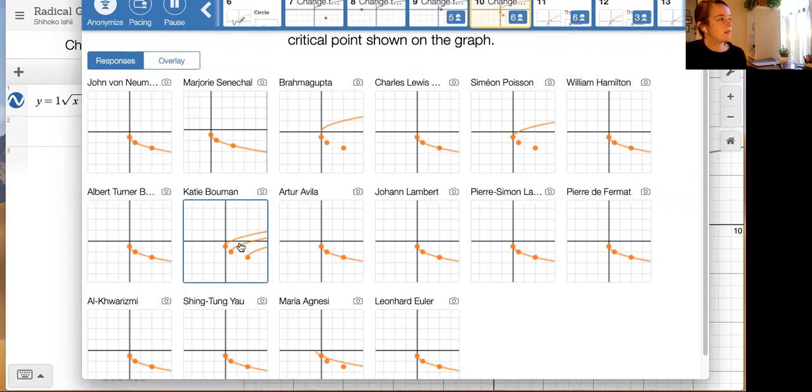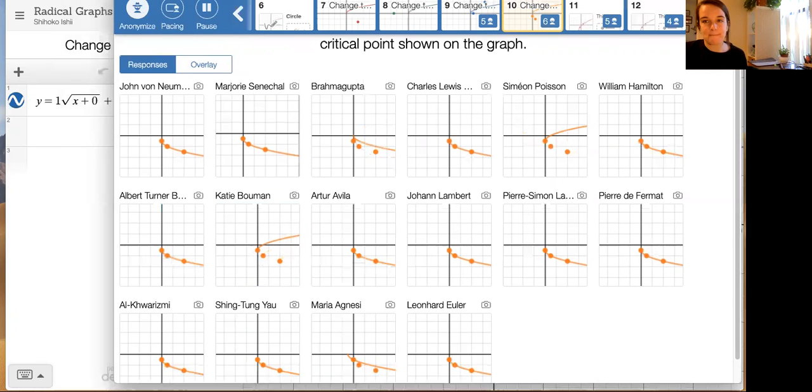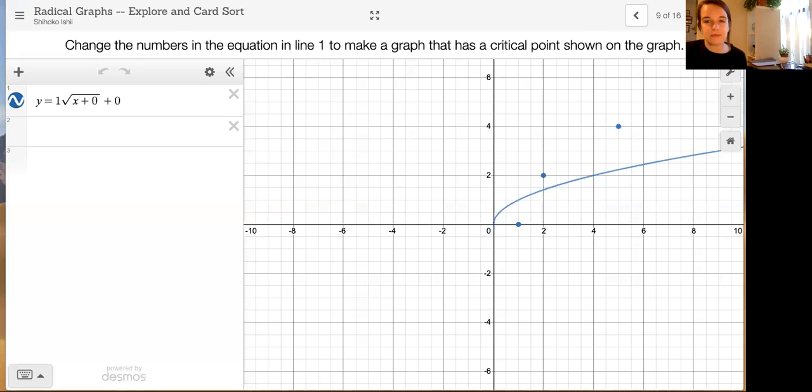So if you're Katie Bowman, go ahead and try to make a line that goes through those 3 points there. Y'all are doing a great job. Continue to proceed at your own pace.